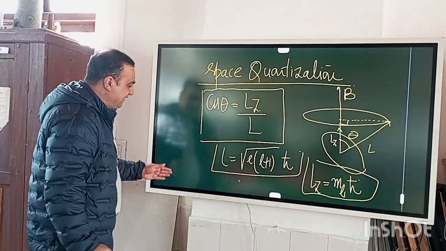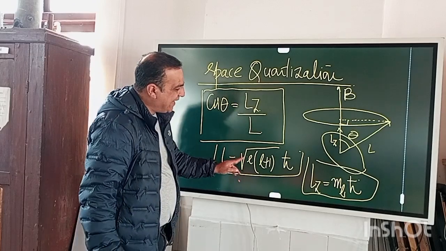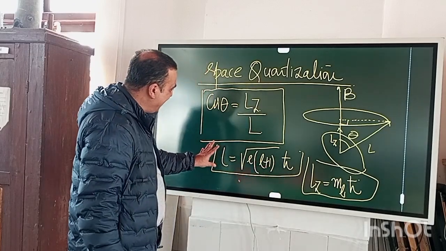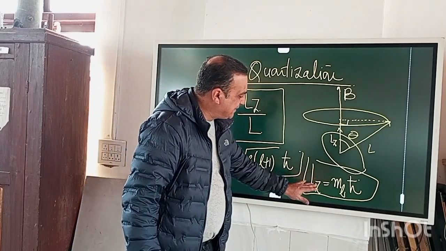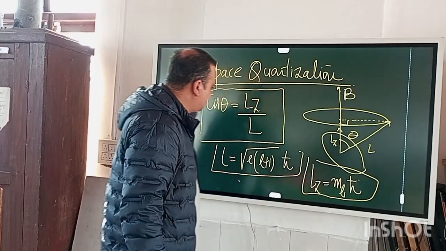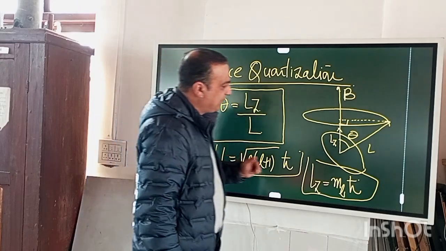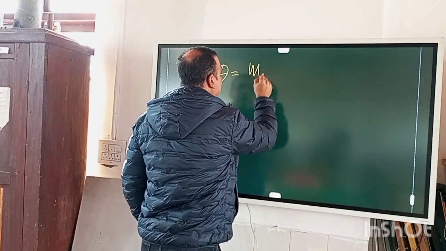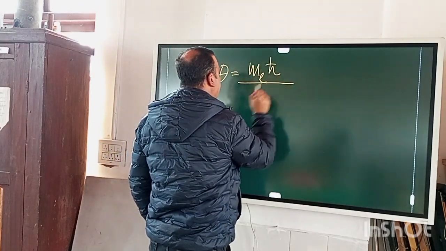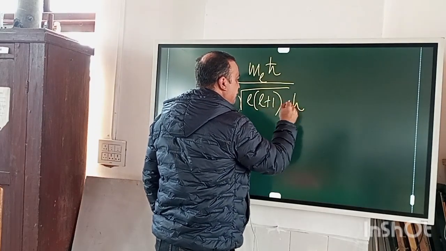And we understand that ml can take values from minus l to plus l. So if I use Lz and L in this equation, I will have cosine theta equals ml h bar by the square root of l times (l plus 1) h bar.